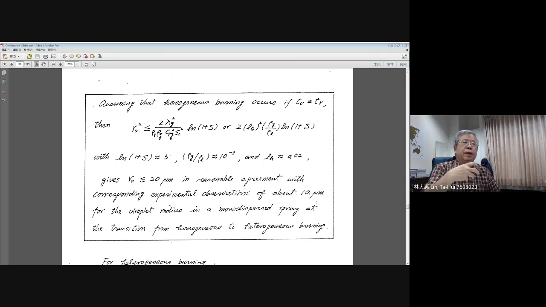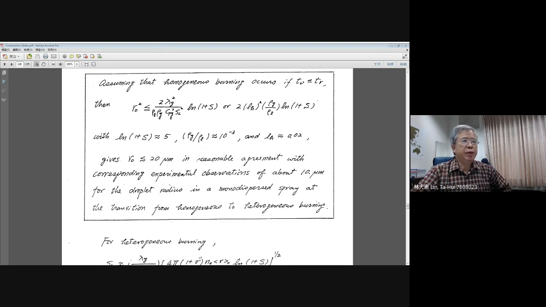But heterogeneous burning means in the combustion zone in the flow field, there is still some liquid phase existing. For example, droplet burning in the back gas phase reaction zone, or droplet evaporation. In both cases, they tell you that in the burning zone, in the combustion field, two phases exist simultaneously. Then we call this the so-called heterogeneous burning.